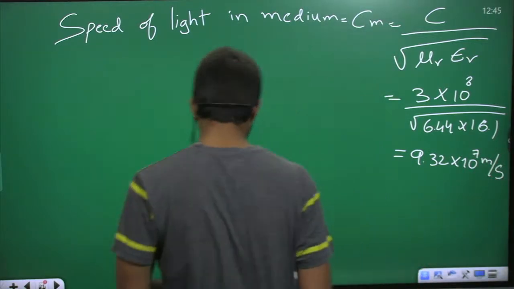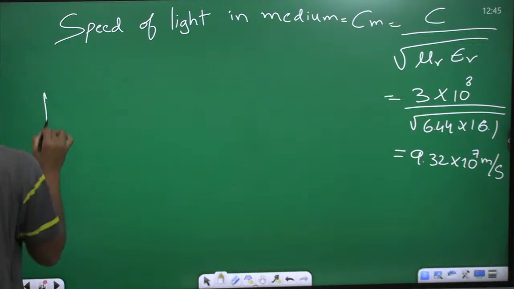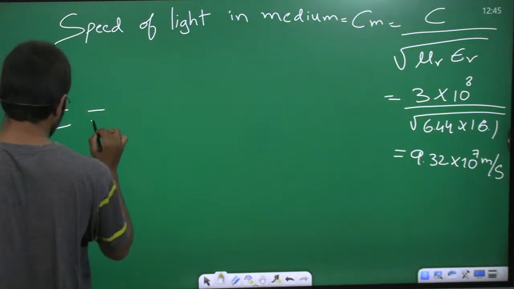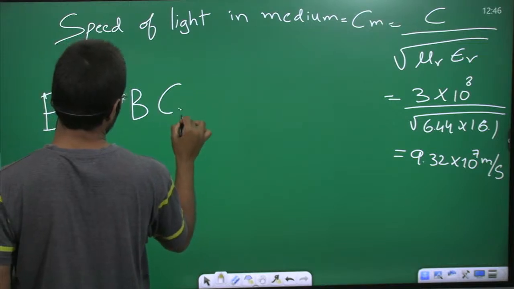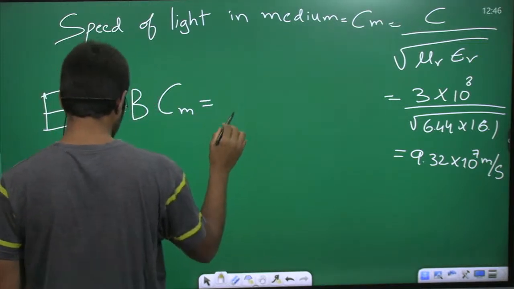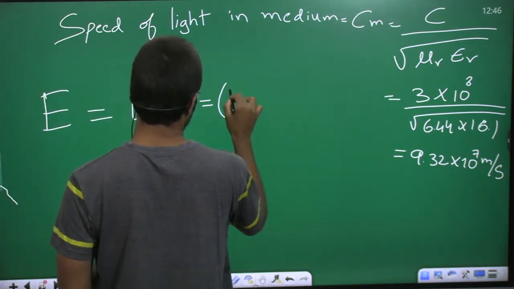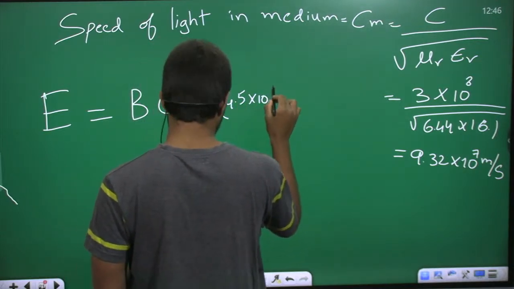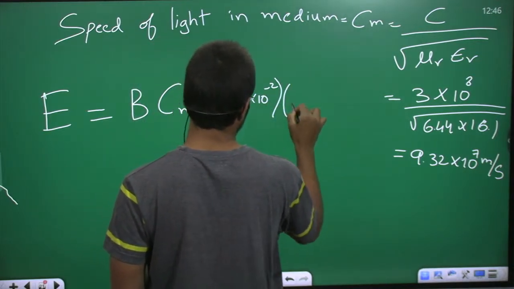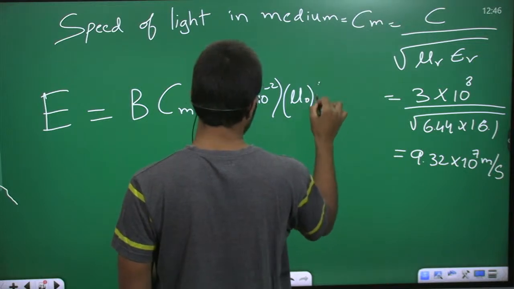Now the electric field in that medium. Straight formula from electromagnetic waves: E equals B into C in that medium. So B is given as 4.5 into 10 power minus 2, into mu naught, into Cm.